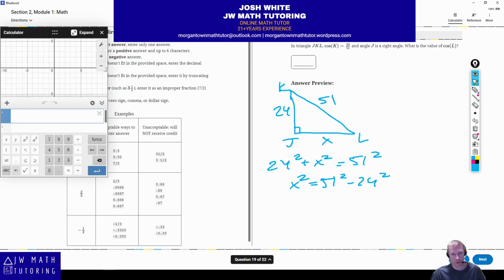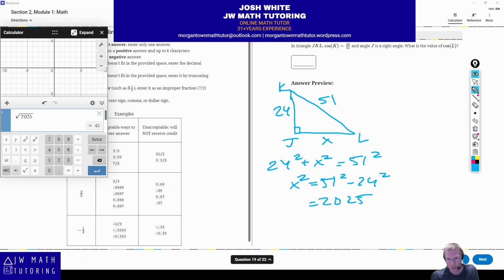So I'll bring up the calculator and I'm just going to do 51 squared minus 24 squared. Okay, I get 2025. Now I need to square root that. Okay, so the third side is just going to be 45.